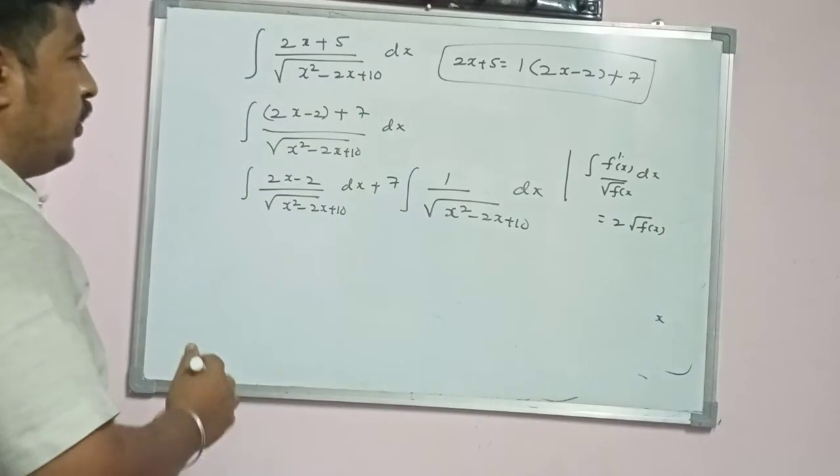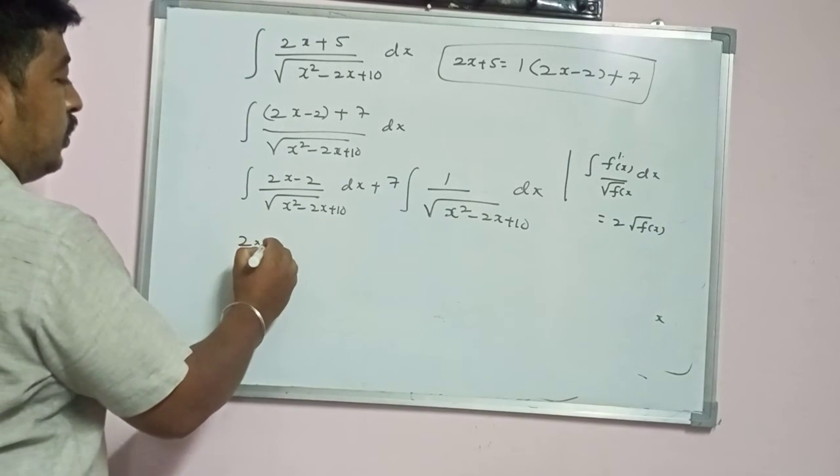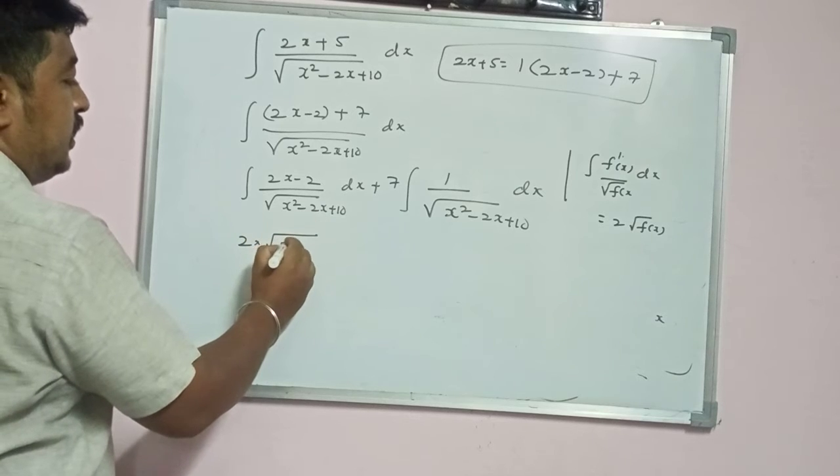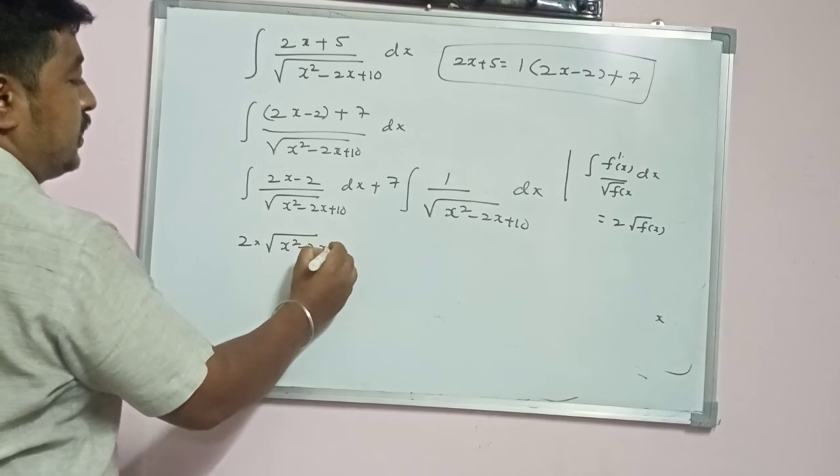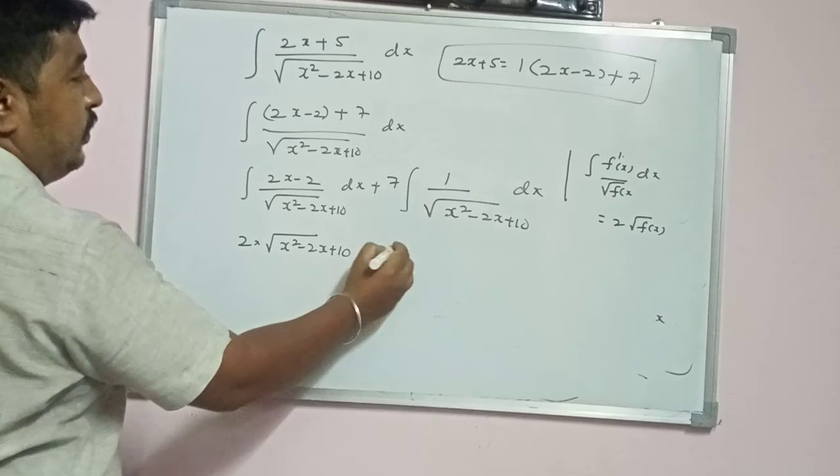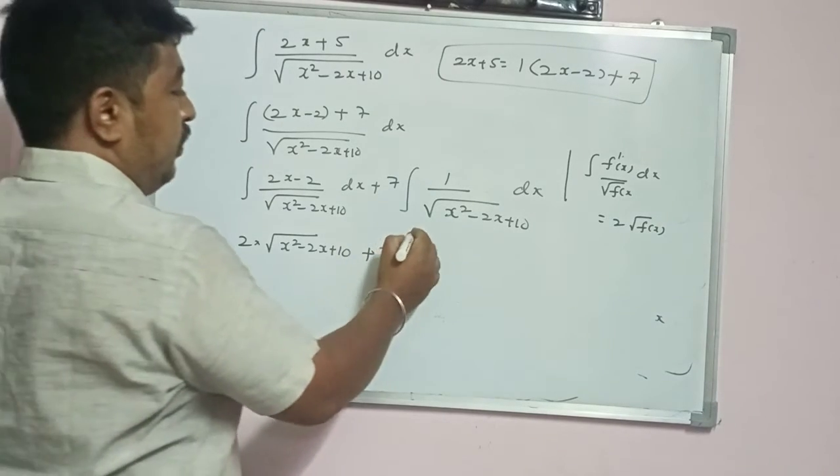So in place of this we write 2 into the square root of x square minus 2x plus 10, plus 7 into the integration of this one.